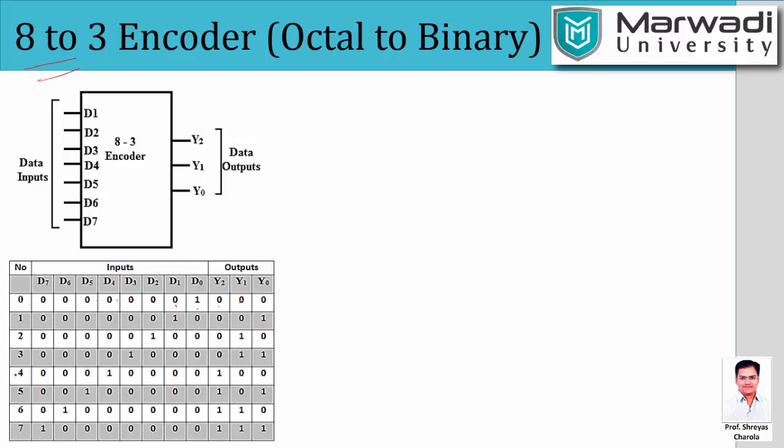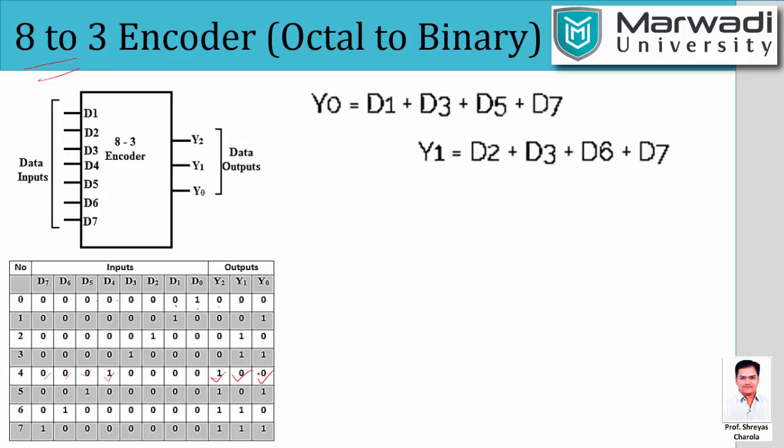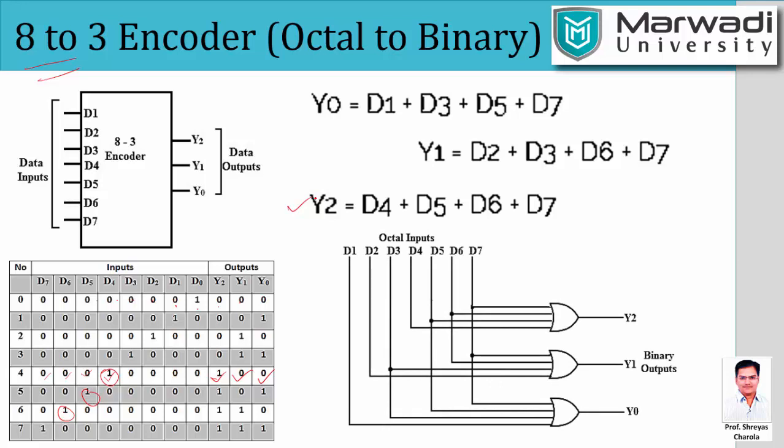If D4 equals 1, that means 1 0 0. Based upon y2, y1 and y0, you just need to find the number of ones. D4, D5, D6 and D7 give you y2. Same way y1 and y0, and make a combinational logic circuit.